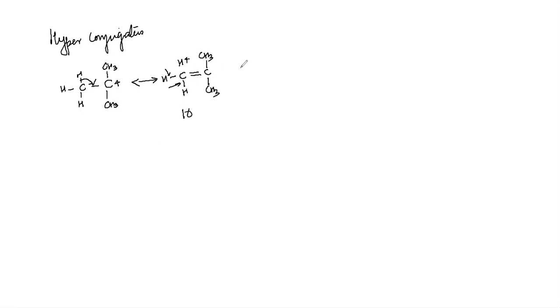If you have 3 methyls, that is why this is more stable than a secondary. This is a secondary carbocation. Here you can form 7 structures. 3 from here, 3 from here, and 1 the original.